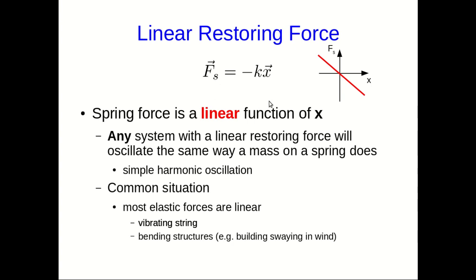A pendulum, as long as it does small oscillations, as we'll see, turns out to have a linear restoring force, and so it also oscillates the same way as a mass on a spring does. And that's sort of surprising. The idea that a pendulum ends up carrying out the same sorts of oscillations as a mass on a spring is sort of surprising if you think about it, because they're very different systems.